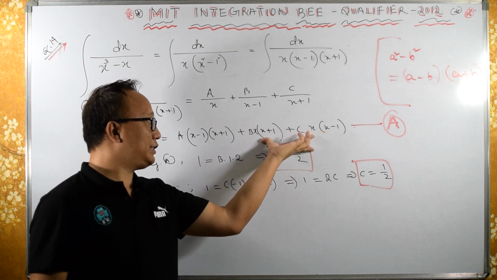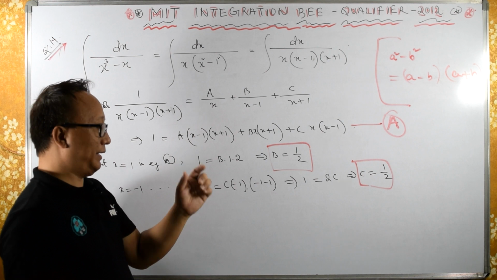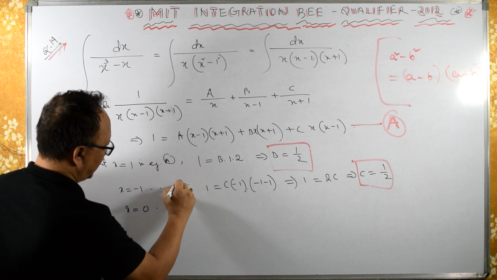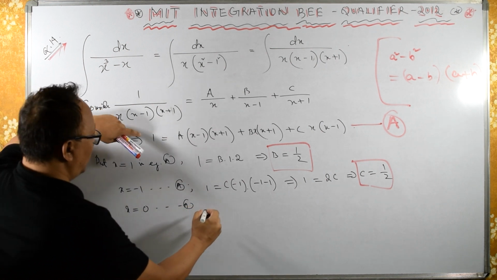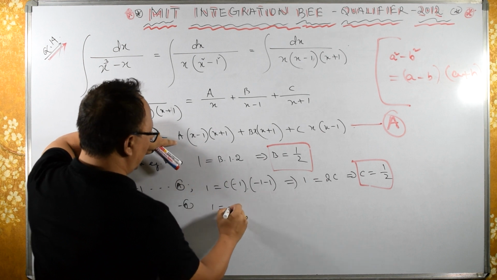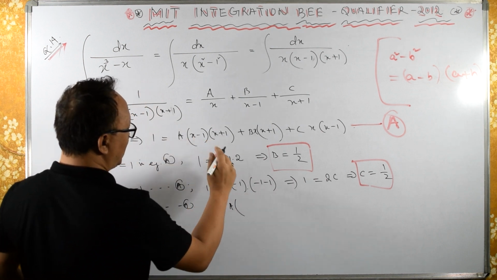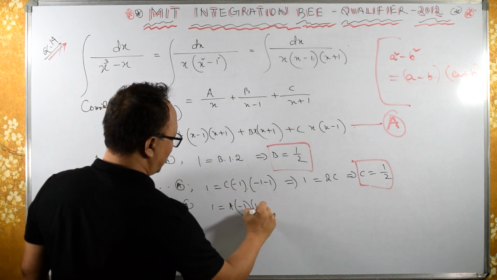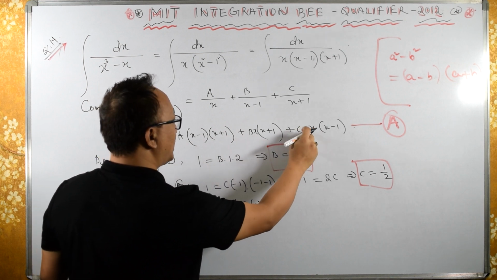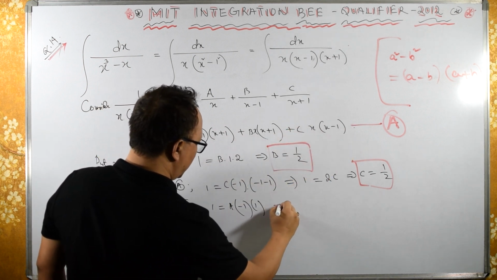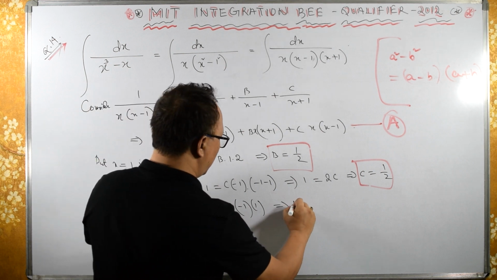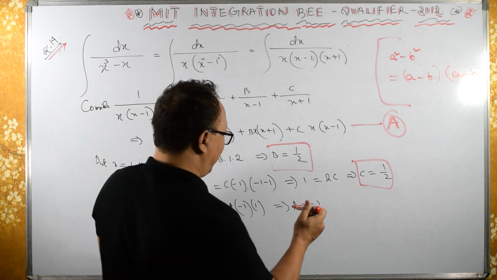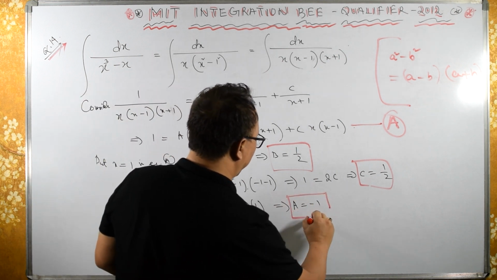So we have 1 equals A into (0 minus 1) into (0 plus 1), and B into 0 and C into 0 become 0. So this implies A equals minus 1.